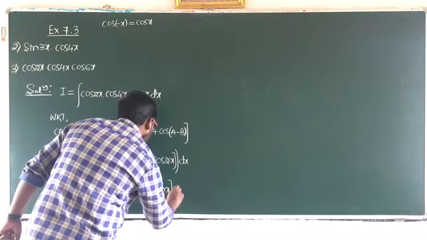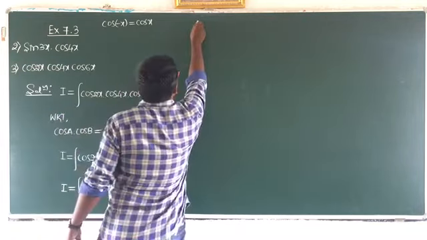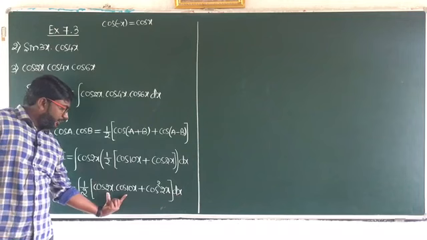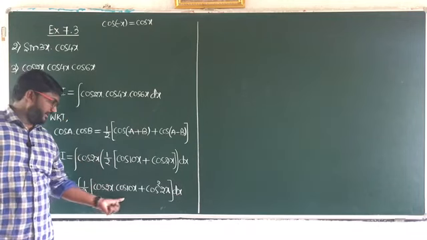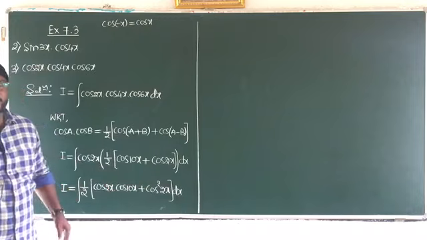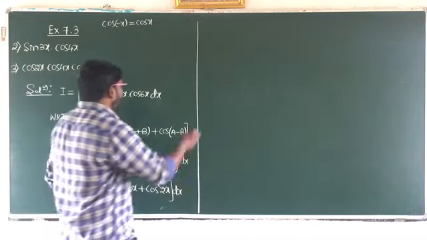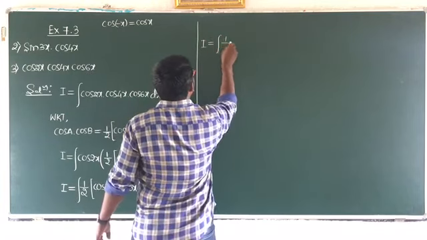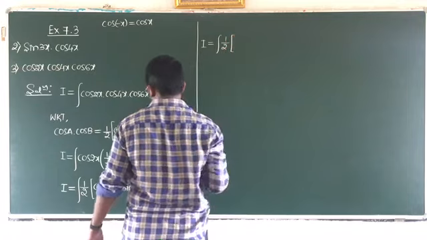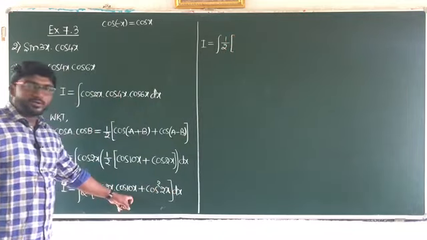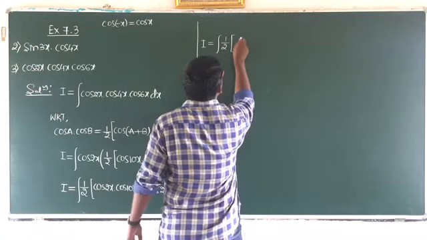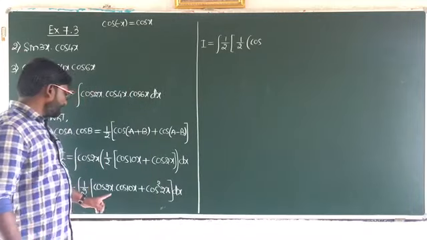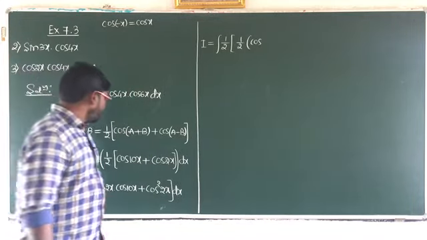Close the bracket, then write dx. Then now we will go for the next step. So here again we have to apply the formula of cos A into cos B, and here cos square 2x can be written as 1 plus cos 4x by 2. So here I, which is equals to integral, 1 by 2 is a common term, I write it outside, and then cos A into cos B will be 1 by 2 cos of A plus B, that is 2x plus 10x will be 12x.